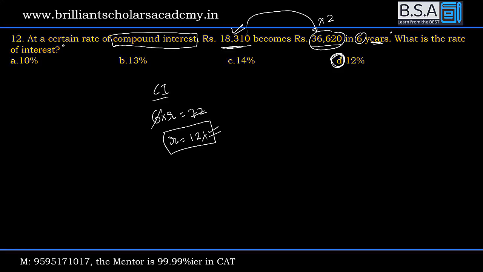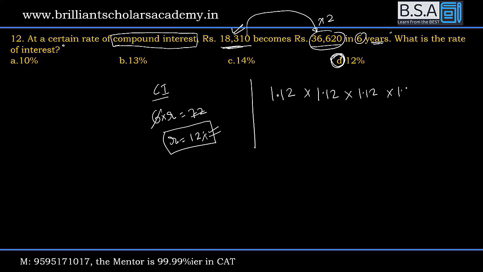Let us say you are not convinced with the approach, not sure that this approach is right or not. So let me show you one way to verify this. In your calculator, you type 1.12. A 12% raise is 1.12. You multiply by 1.12 again, and again.